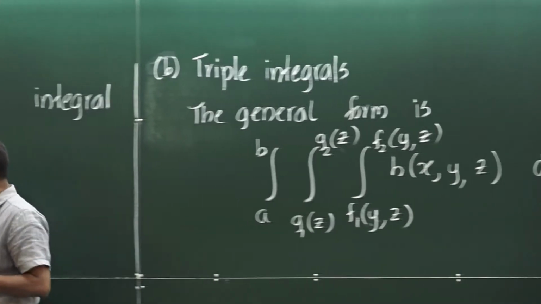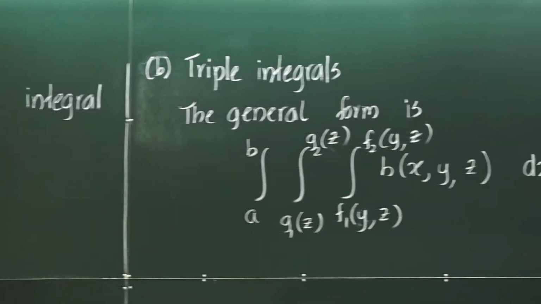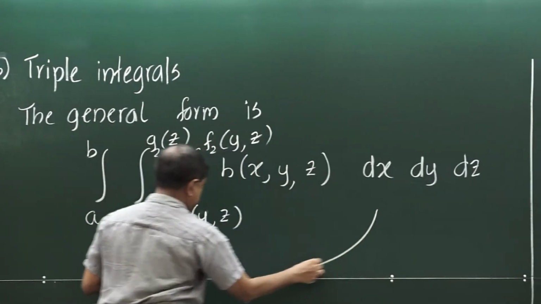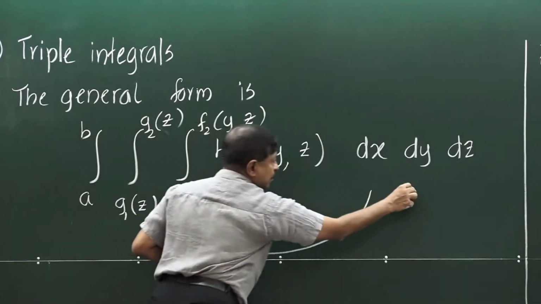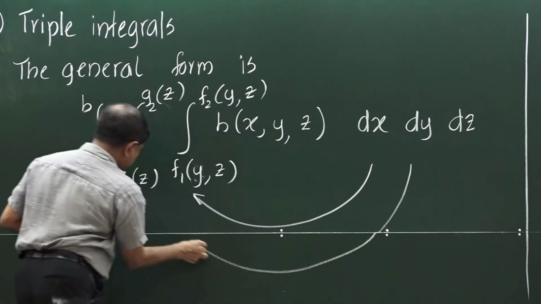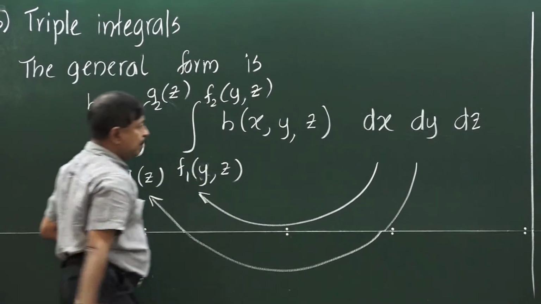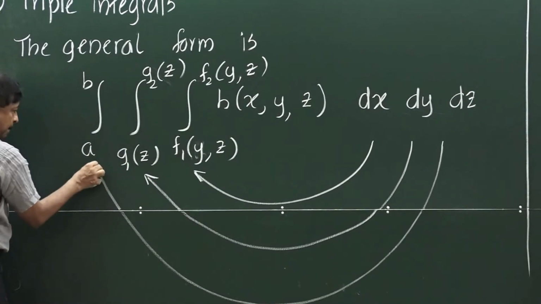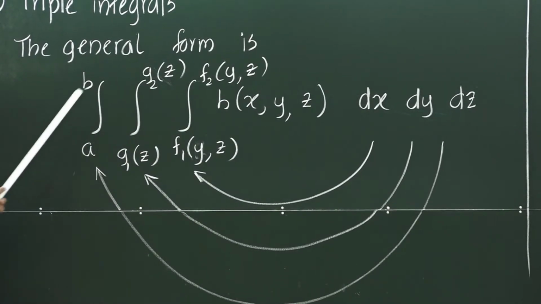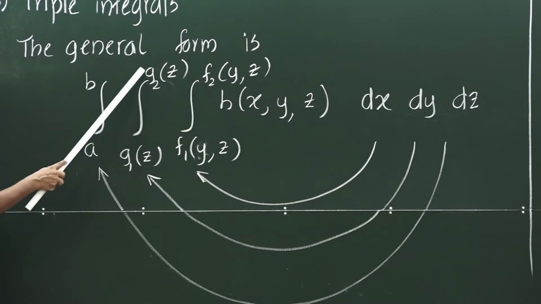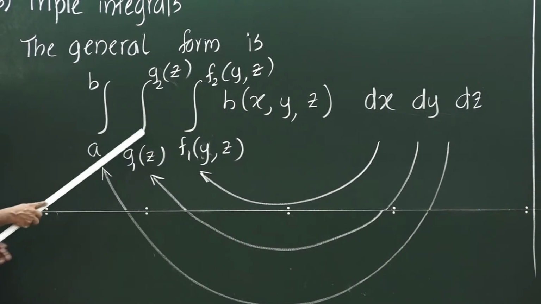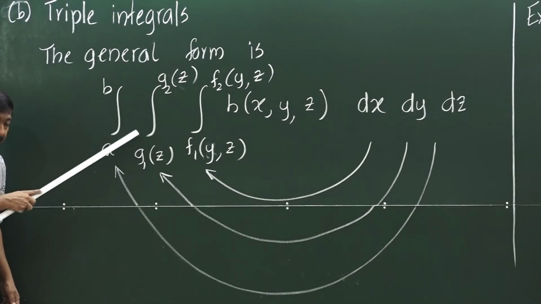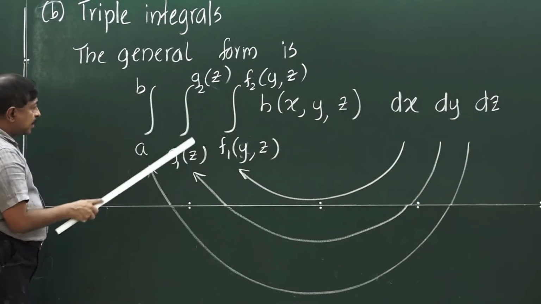Let me, for the sake of clarity, do it like this. Right. Here, you can see that at this level variable z has not been considered. Therefore, you can have z as the limits.